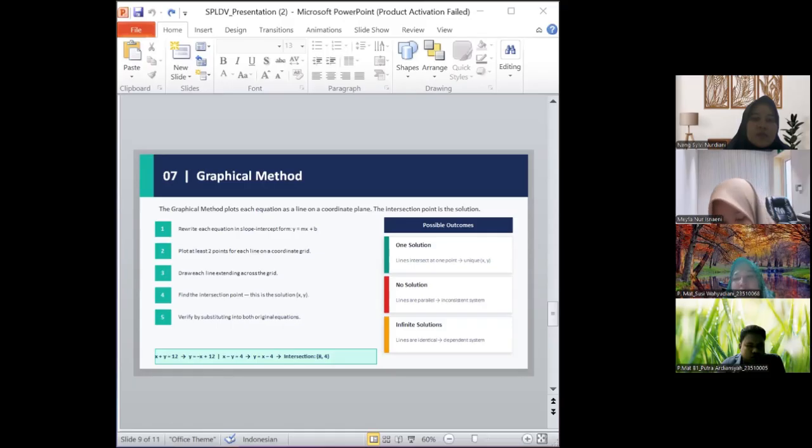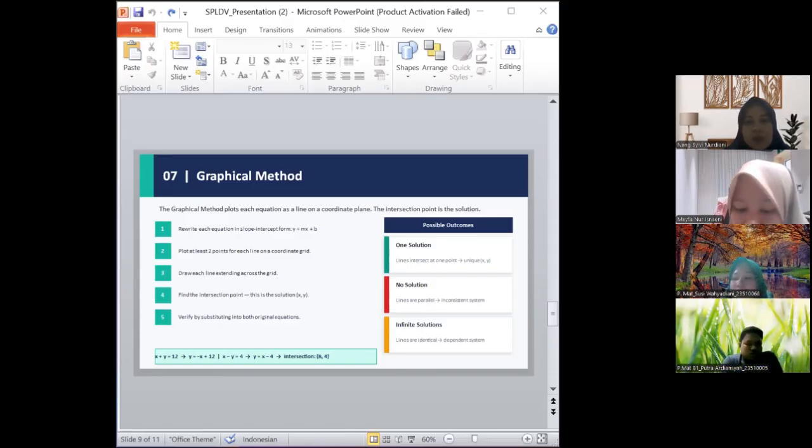Miss, what if the two lines don't intersect? What does that mean? Excellent question. If the two lines are parallel, they don't intersect. It means the system has no solution. The equations are inconsistent.